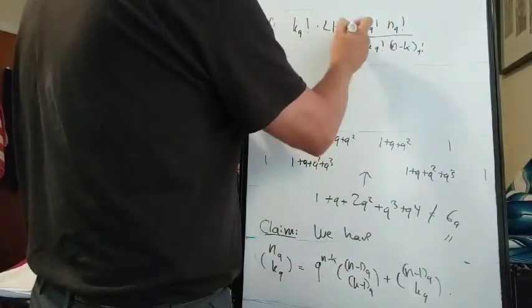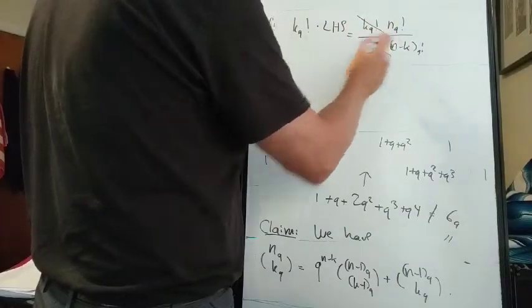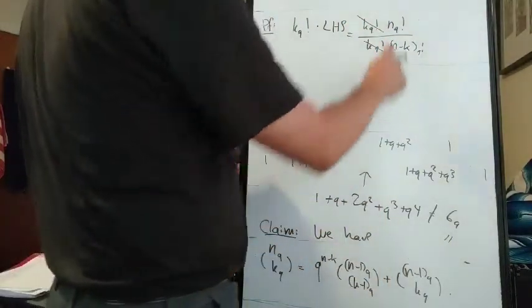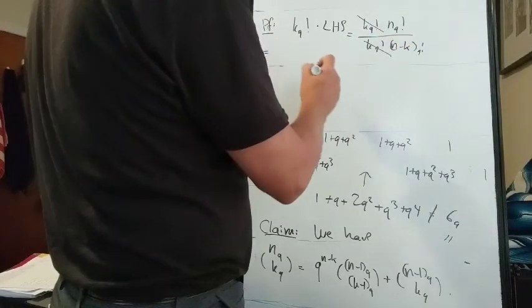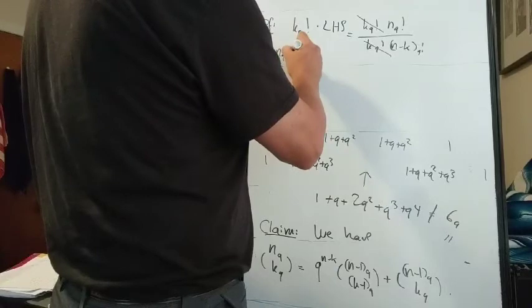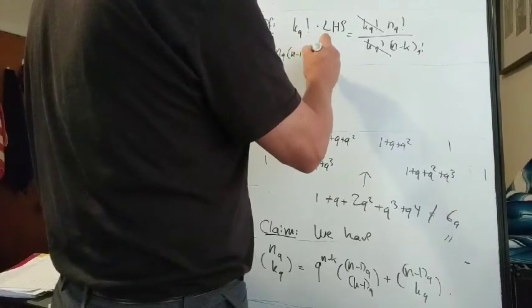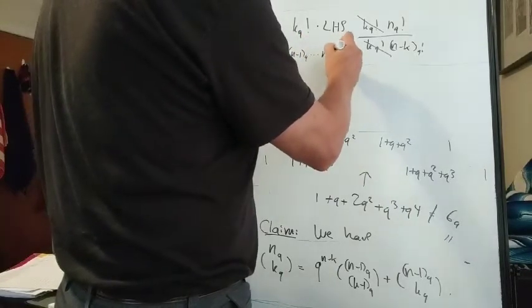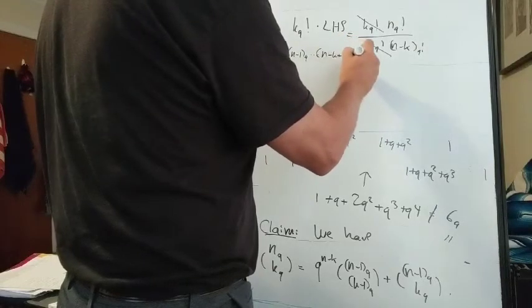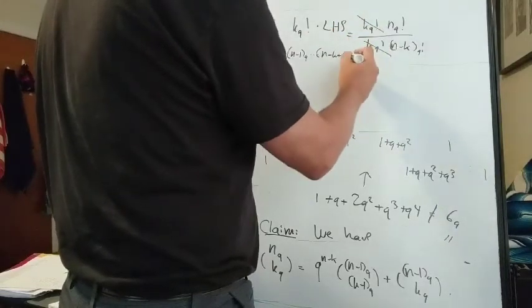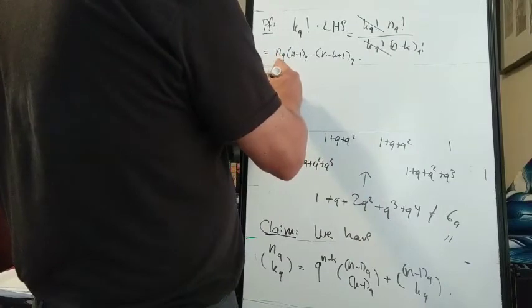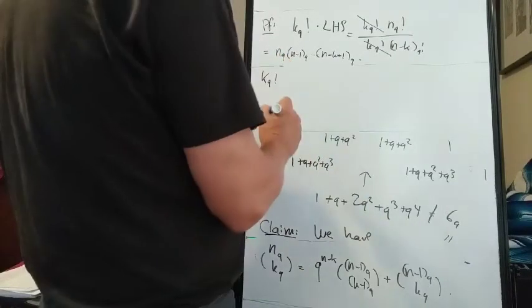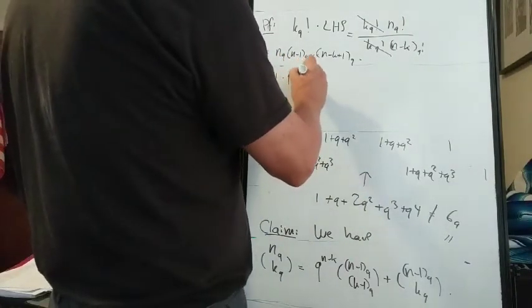So that equals this fraction. That cancels with that. And then a lot of factors of quantum n factorial are going to cancel with this. And that leaves us with quantum n times quantum n minus 1 all the way down to quantum n minus k plus 1, the last factor of quantum n factorial that doesn't cancel with the bottom. Now let's look at quantum k factorial times the right-hand side.